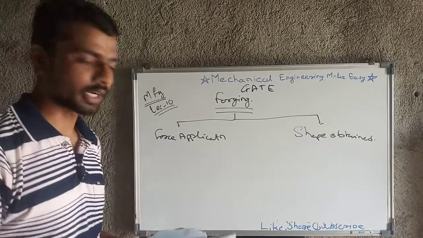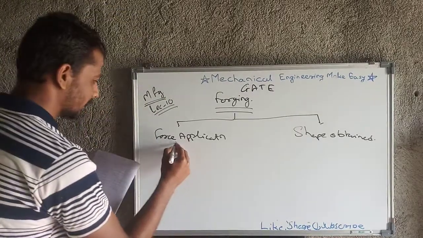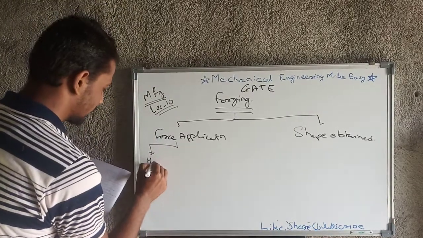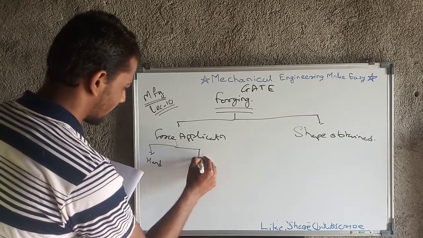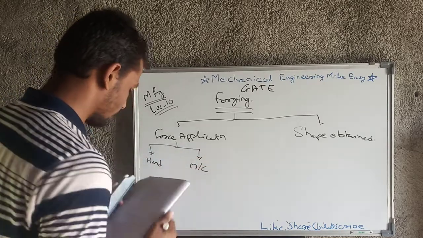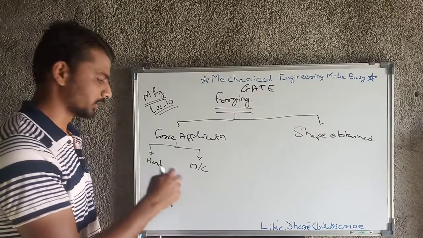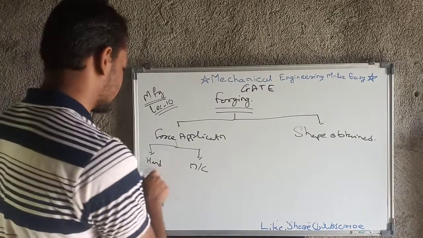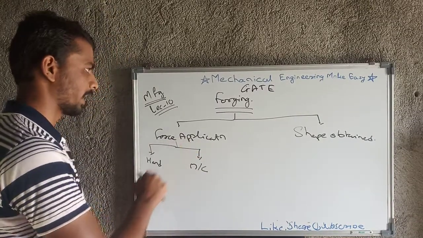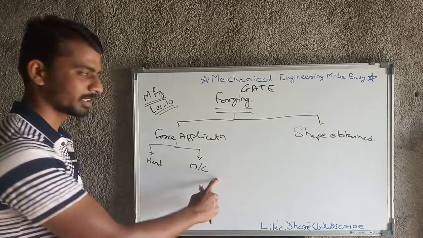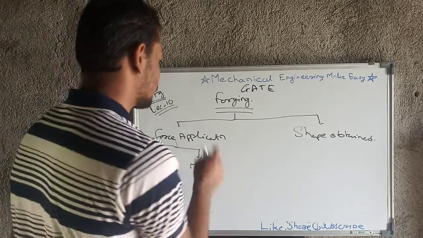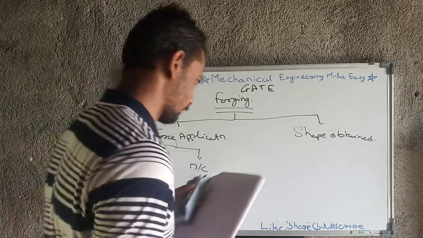In case of force application, there is hand forging and machine forging. If the force is applied with the help of hand, that is hand forging, and if with the help of machines like press tools, that becomes machine forging.